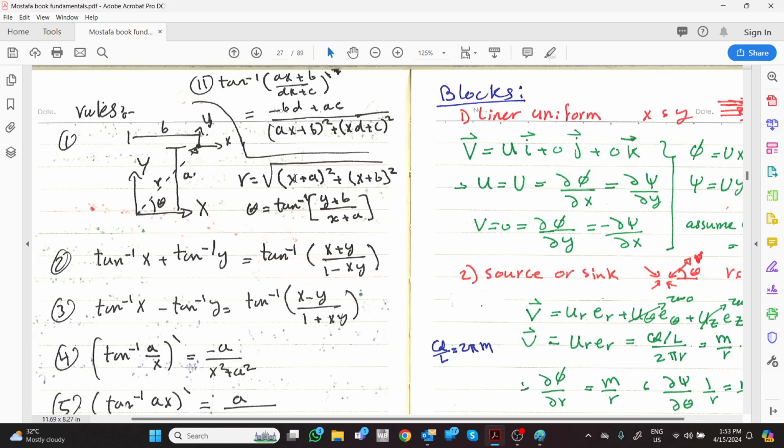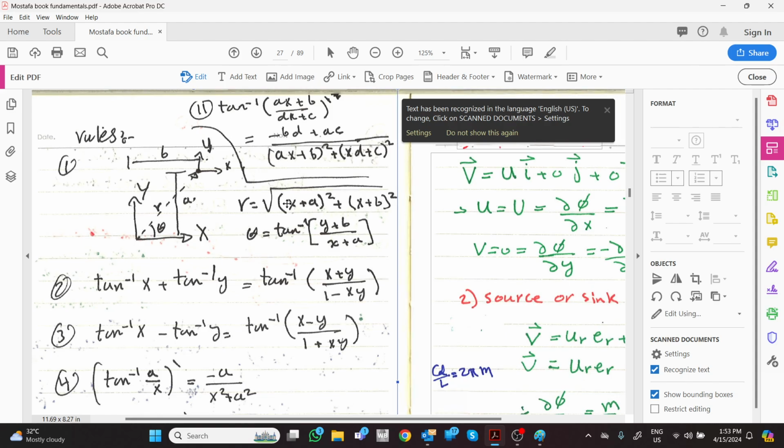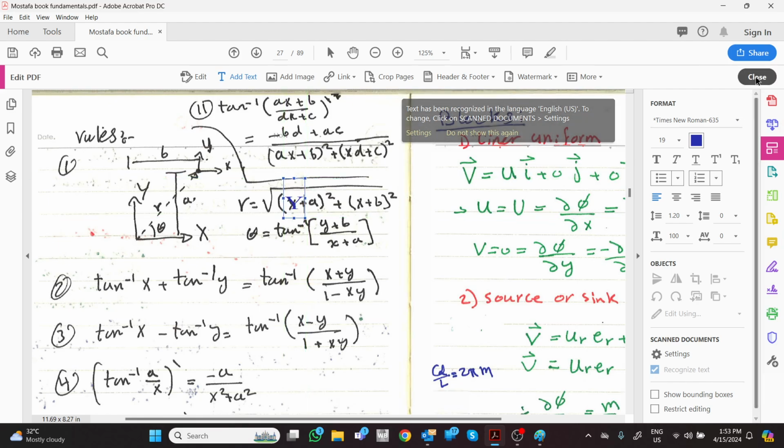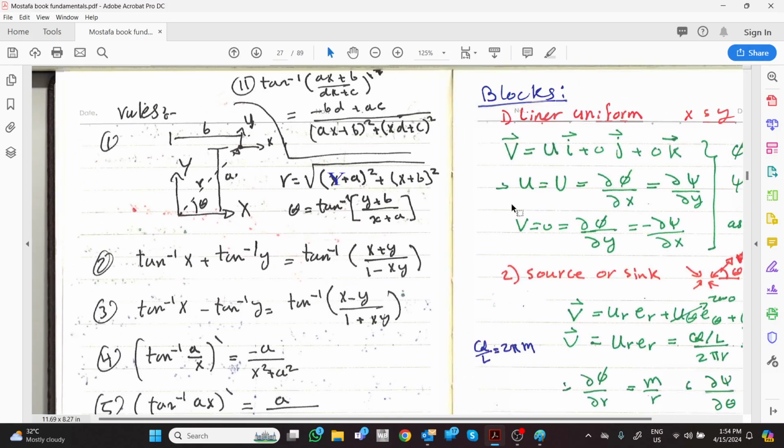This is y, by the way, I mistook it. Okay, for example, this is in polar coordinates, so I want to shift it like this, so r equals the square root of (y plus a) squared plus (x plus b) squared.